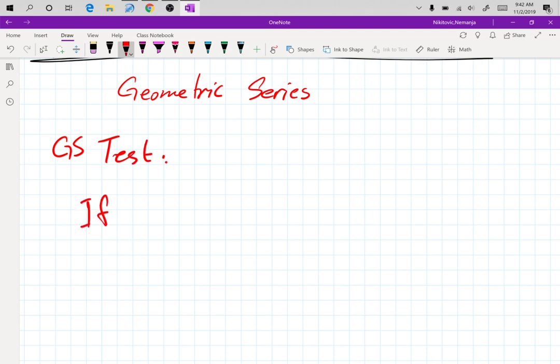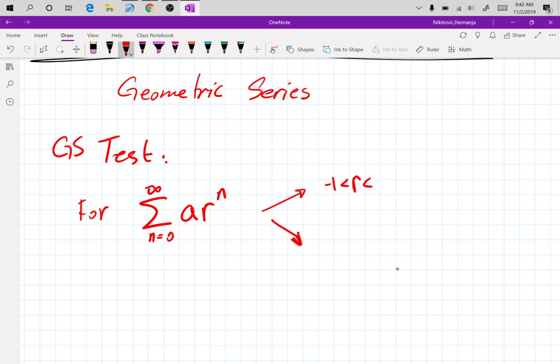For the summation, n goes from 0 to infinity, of a r to the n, we have two cases. If r is in between -1 and 1, we have convergence.